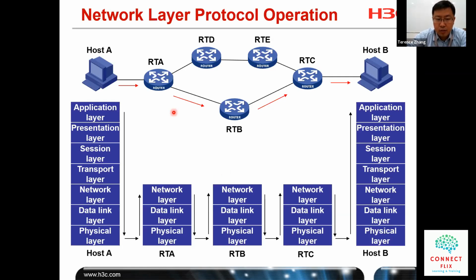The second information is only the sender and the receiver, or only the source and the destination, deal with all the information from layer 7 to layer 1, right? The other devices, other routers on the network, which are not the destination, only deal with the information by layer 3, by network layer, right? To deliver the packet or deliver the bit stream online, right? Finally, it's a bit stream, right? But logically, it's the packet, right?